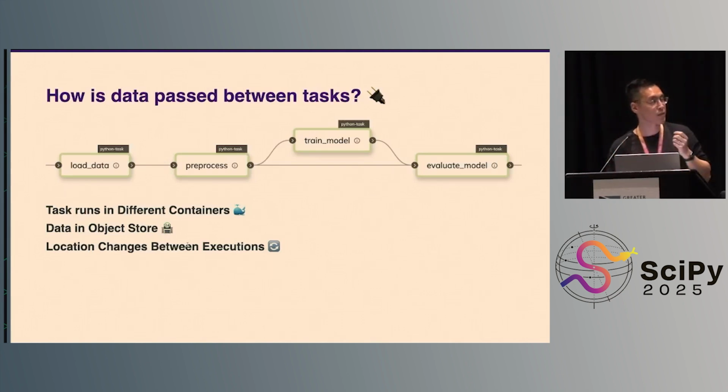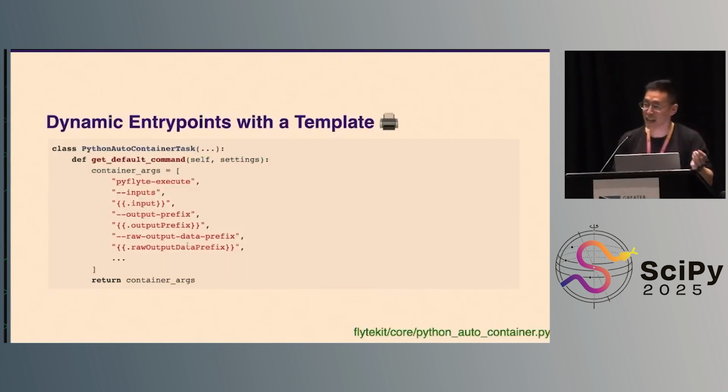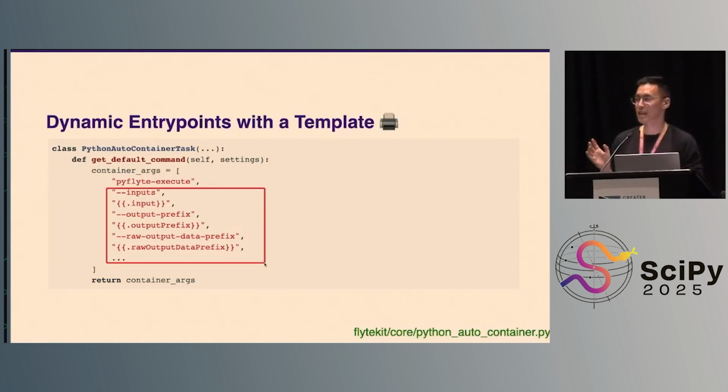But every time you run it, the locations of your objects must be different, because let's say you run something 5 days ago, and you run something today, you don't want it to overwrite the data from 5 days ago. So you want these object store prefixes to be unique. That means they're dynamically defined, and in the Python library, it's defined with templates. So these are templates for where I want to put my data in object store.